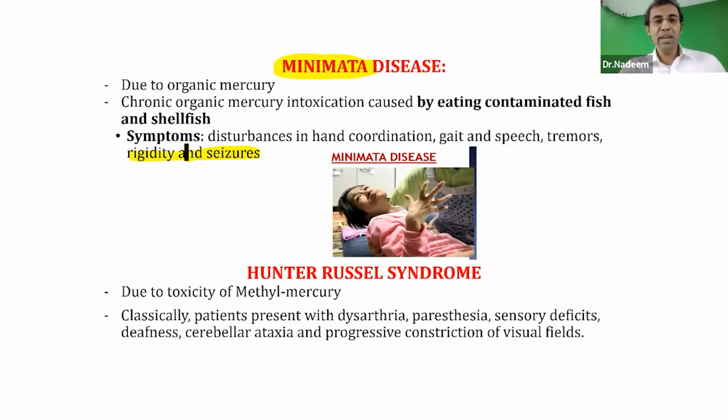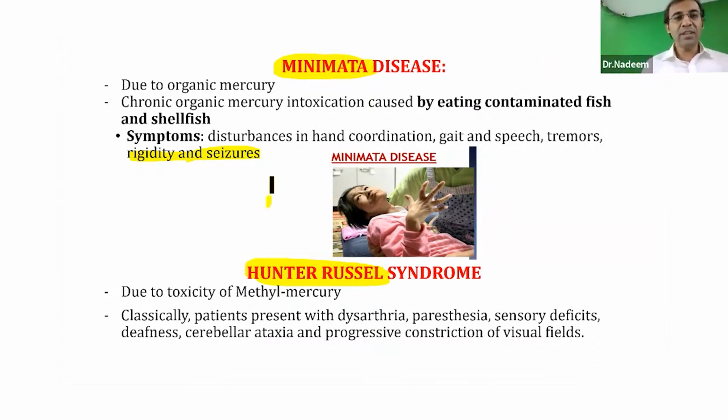That place was Minamata disease. Next is Hunter-Russell syndrome. Whenever there is chronic exposure to mercury, the patient is having what here? Deafness. And after that, there will be cerebellar ataxia also. Hunter-Russell syndrome.